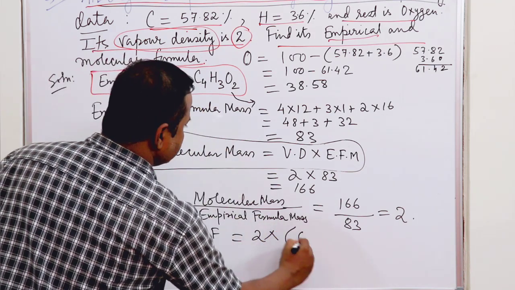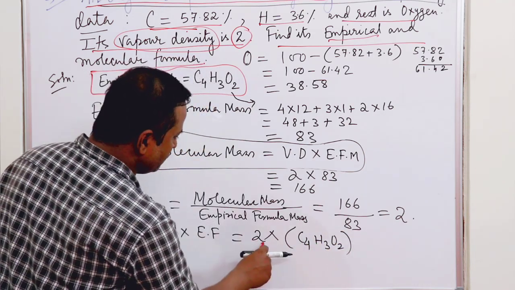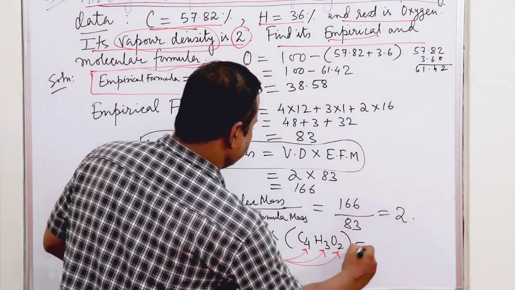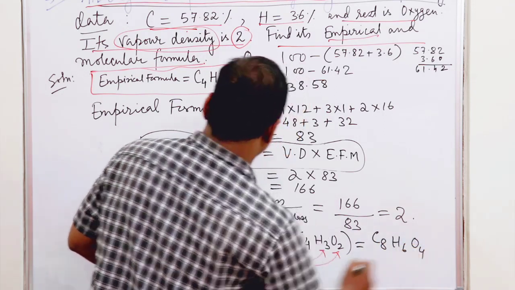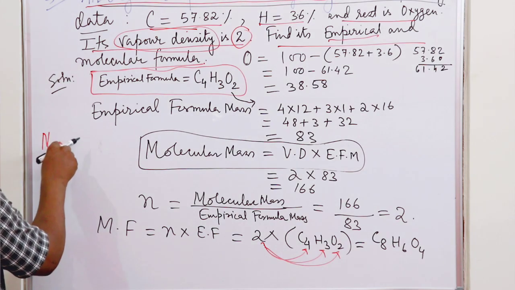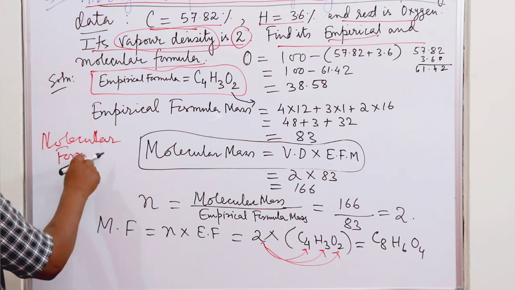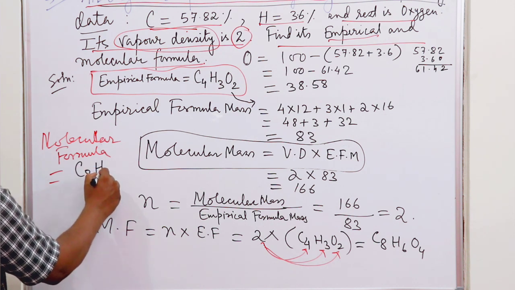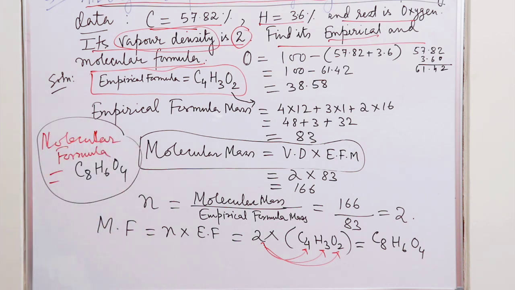We have got n as 2 and the empirical formula as C4H3O2. That means you have to multiply all these numbers by 2, so we get C8H6O4. So the molecular formula of this compound comes out to be C8H6O4.